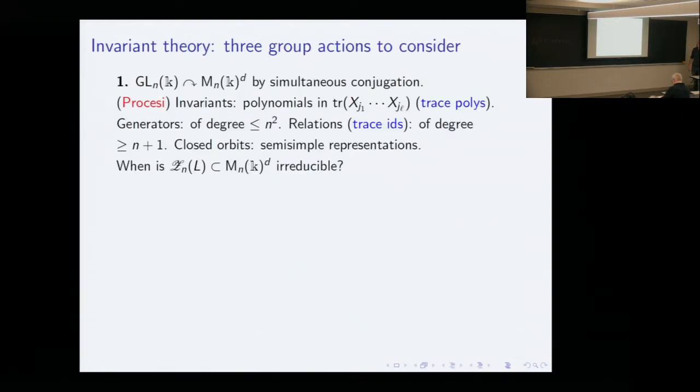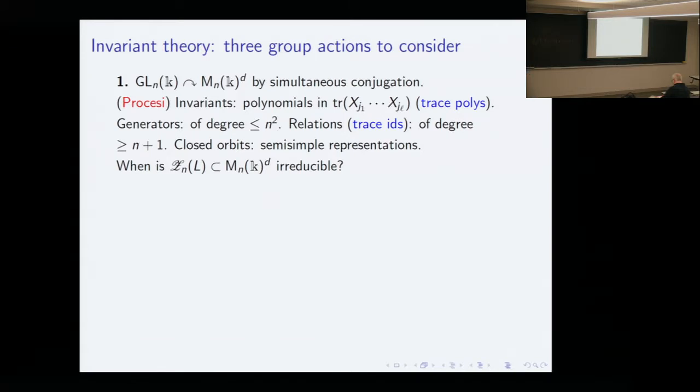Okay, and now at this point I should mention a little bit of invariant theory. In talking about indecomposable pencils, we talk about how matrices act on pencils, and that brings some invariant theory into all these problems. Basically there are three types of actions that we care about.